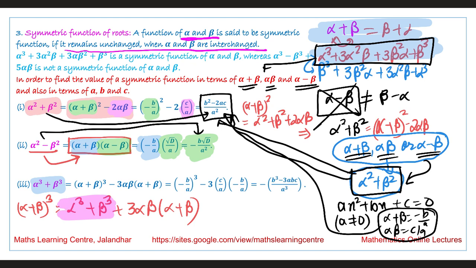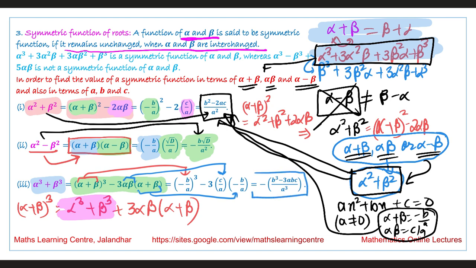So we obtain the formula in this form: alpha plus beta whole cube minus 3 alpha beta into alpha plus beta. Now again we have the value of alpha plus beta, that is minus b by a, and the value of alpha into beta, that is c by a. On solving this we obtain the answer in this form.